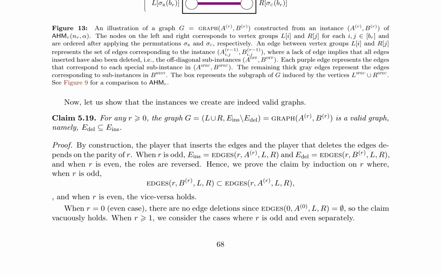When R is odd, E_ins equals edges R_A^R, L_R, and E_del equals edges R_B^R, L_R, and when R is even, the roles are reversed. This allows the claim to be proven by induction, showing that the instances created are indeed valid graphs.